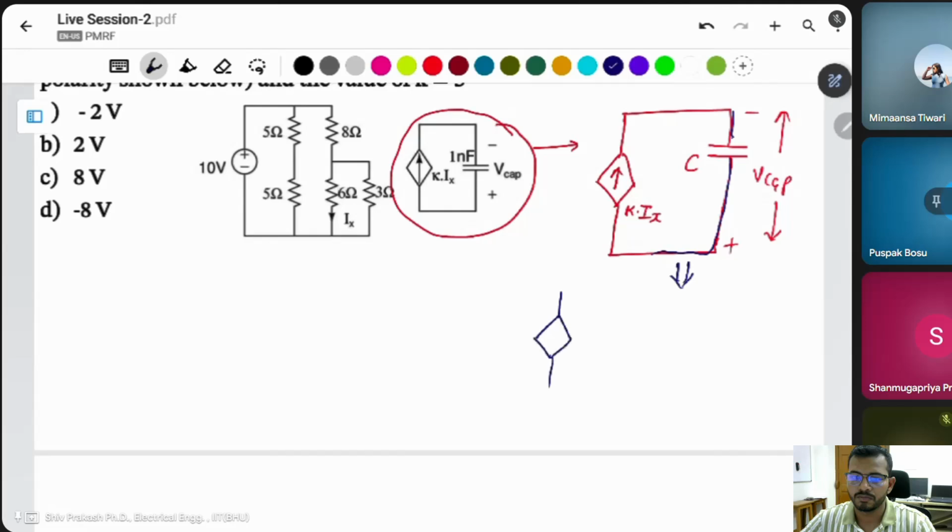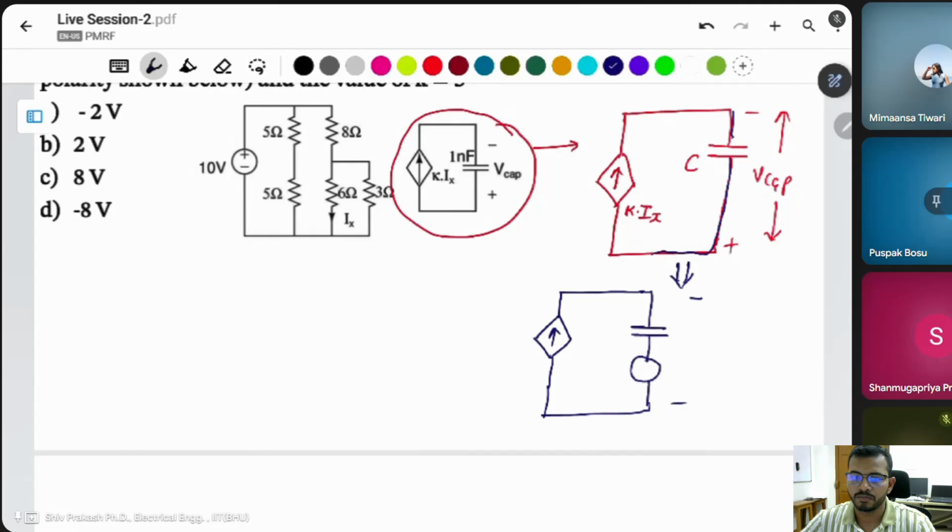Simply a current source, and the direction is upward. The capacitor is denoted by the capacitor symbol, then the initial voltage source. The initial voltage is behaving like a voltage source.